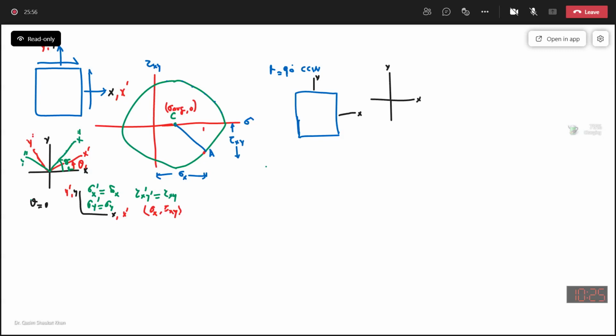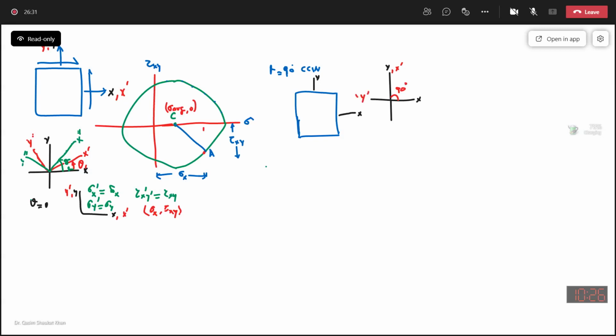what will happen? Your x dash axis will be here, right? This angle will now be 90. The x dash axis is oriented at an angle of 90 degrees counterclockwise. So the x dash axis will be along the y axis and the y dash axis will be along the x axis.